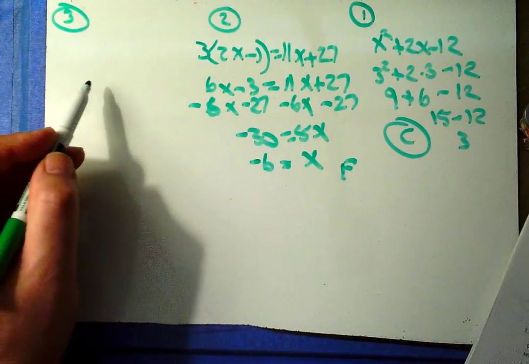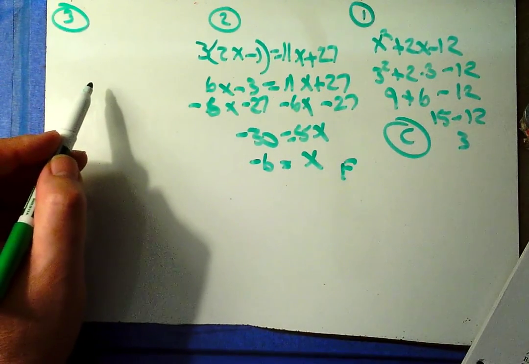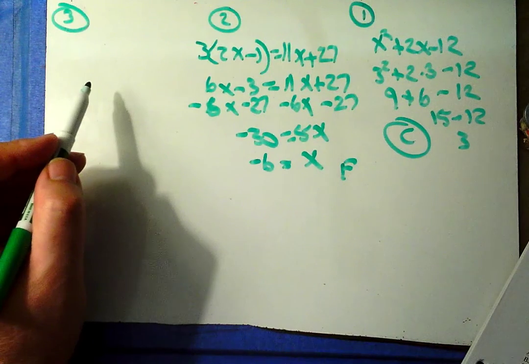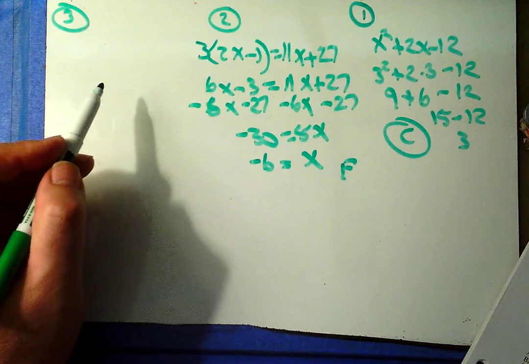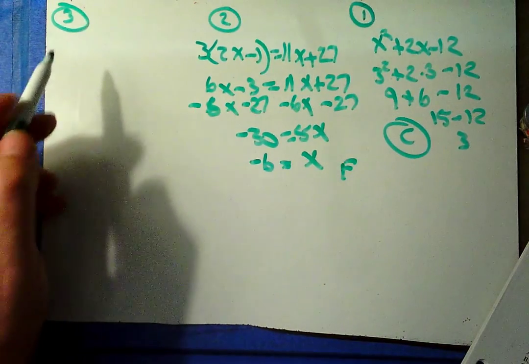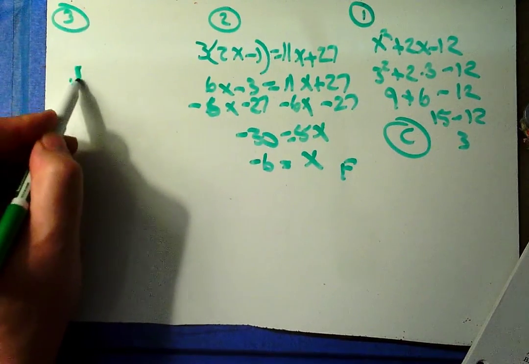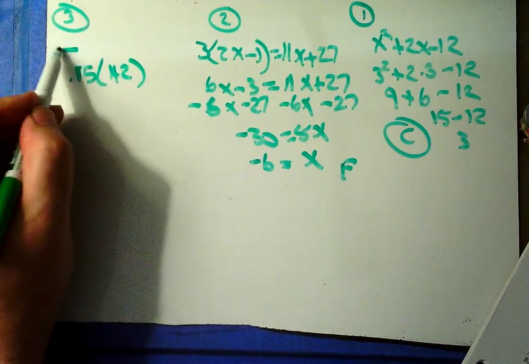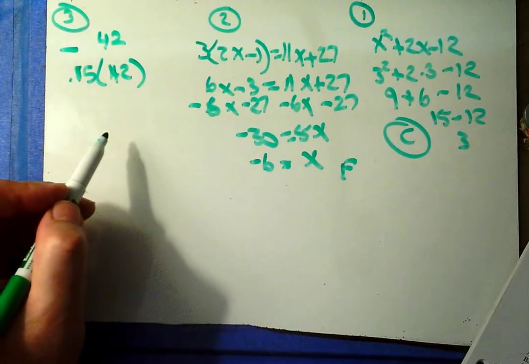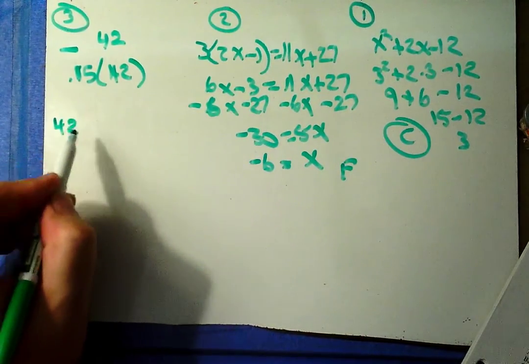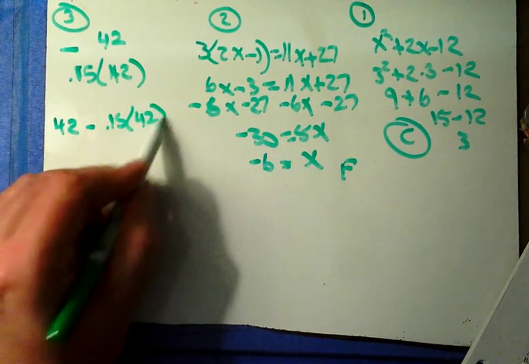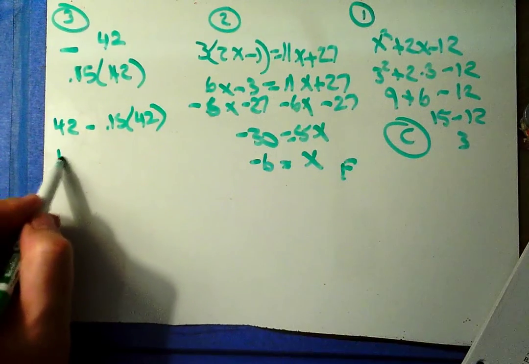Problem number 3. To make space for new merchandise, clothing in a store is offered at a 15% discount. What is the sale price of a jacket that regularly sells at $42? Well, you could find 15% of $42 and then subtract that from $42. But if you think about it this way, 42 minus 0.15 of 42, you realize you could factor out that 42.